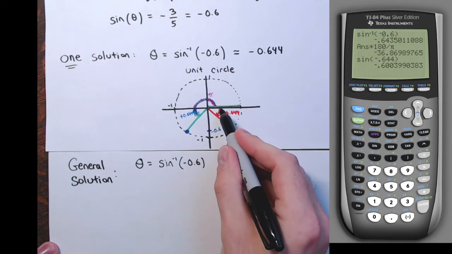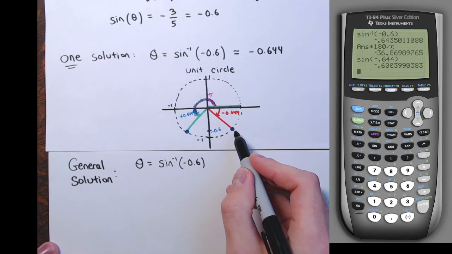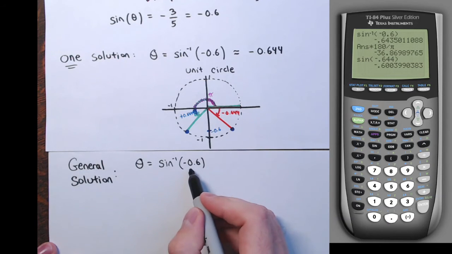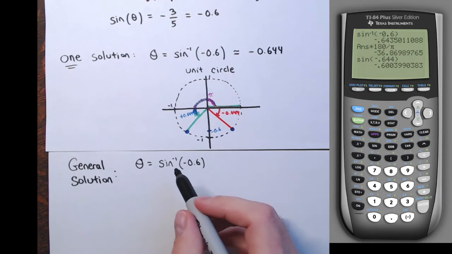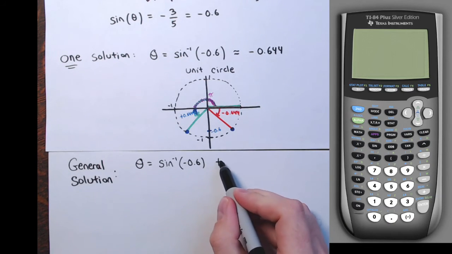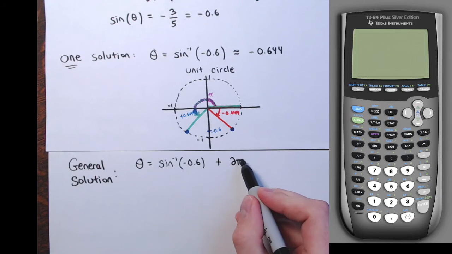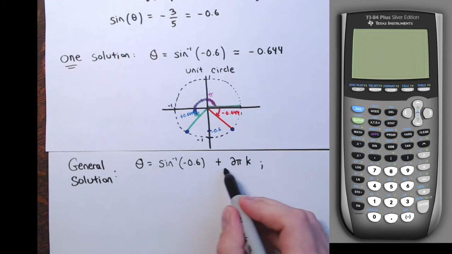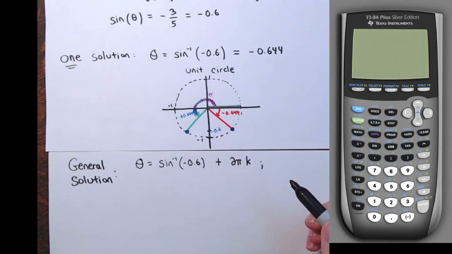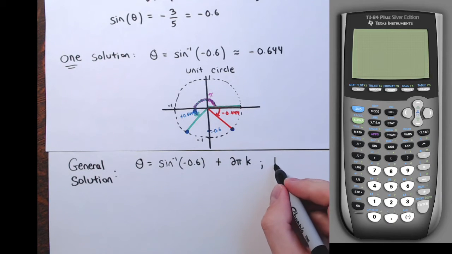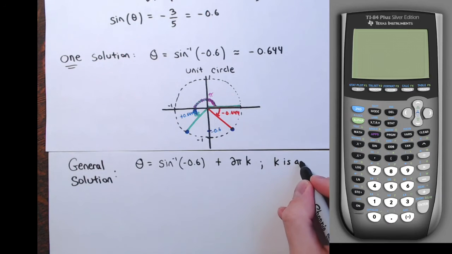That was this angle here, and that obviously has a sine of negative 0.6. And then I could add to that any multiple of 2 pi, 2 pi times k. Add 2 pi, subtract 2 pi, you're back at the same spot. And this is where k is an integer.